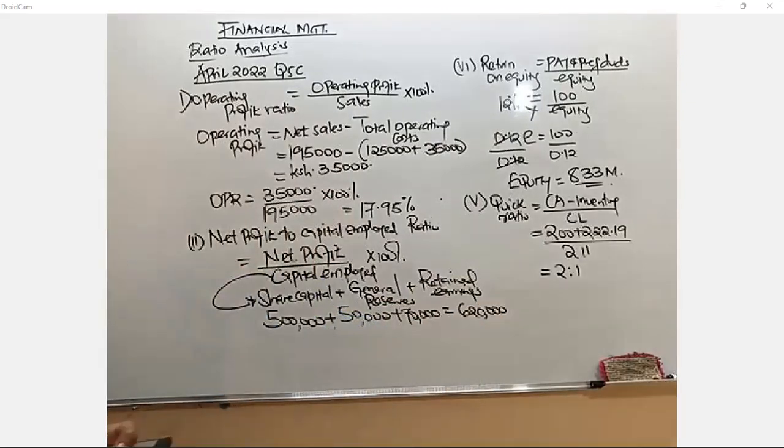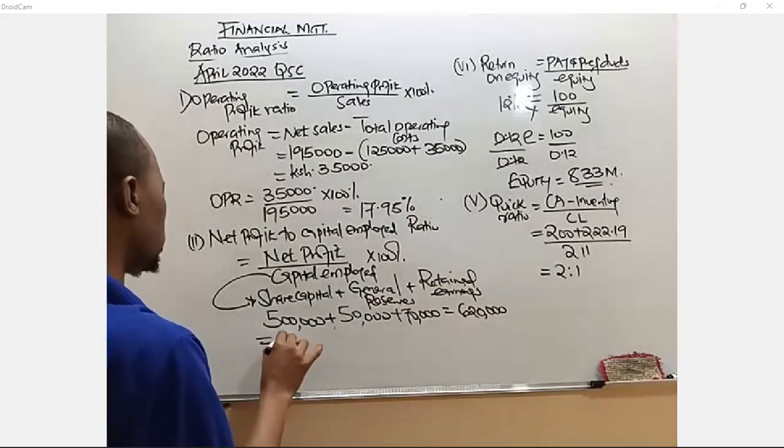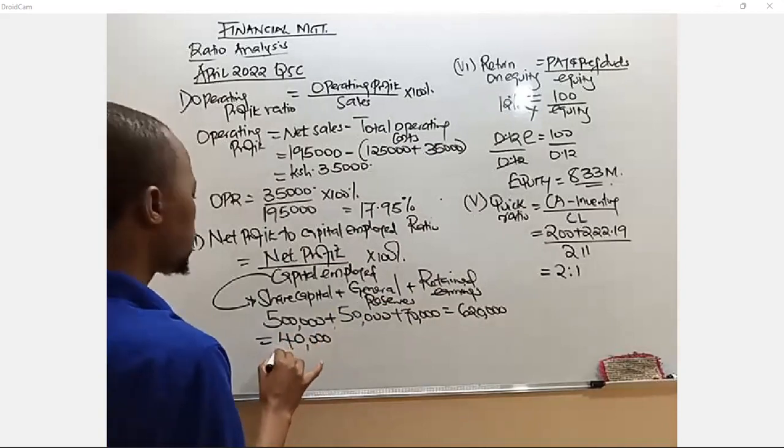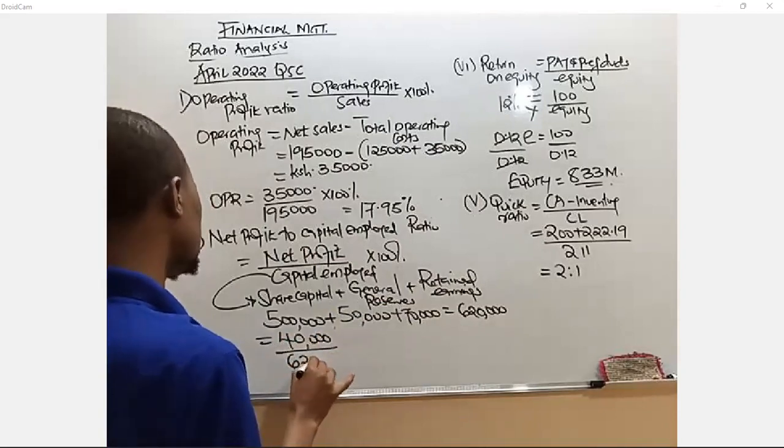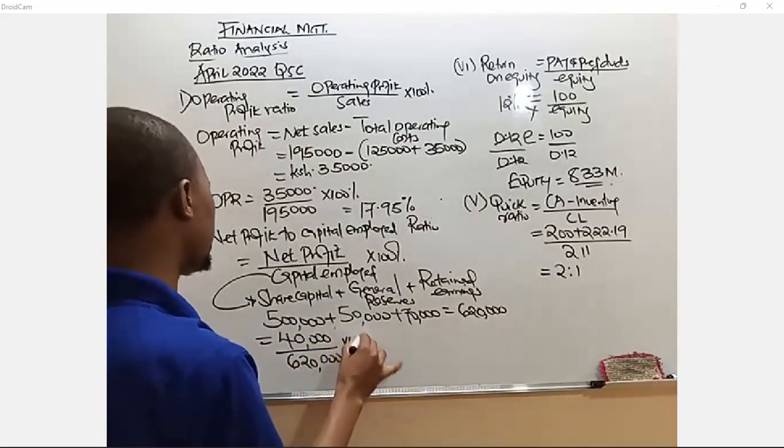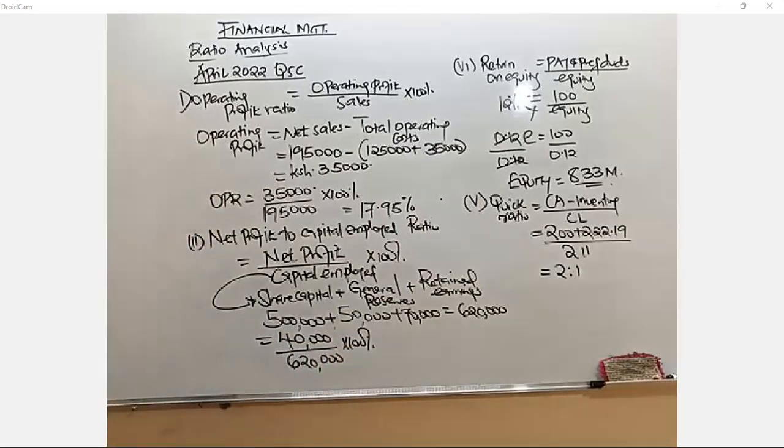So how much is my net profit? When I look at the income statement, we are given a net profit of 40,000. You divide it by 620,000 times 100%. So 40 divided by 620 times 100 is how much?